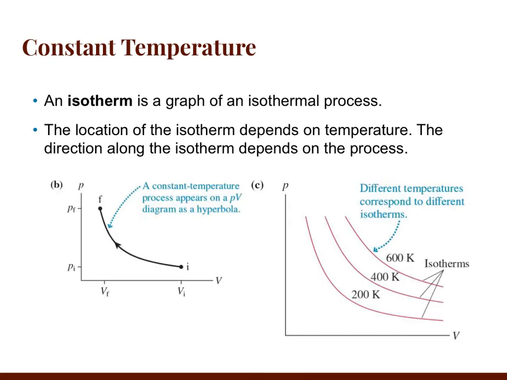And those graphs on a PV diagram should look hyperbolic, and one whole line will correspond to a specific temperature the whole time because the temperature is not changing. So like here on this pressure volume diagram, each line represents a specific temperature process.